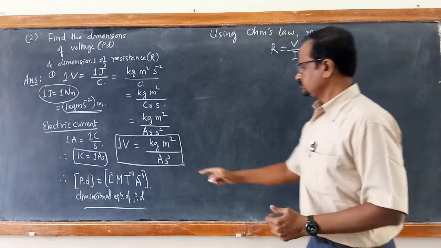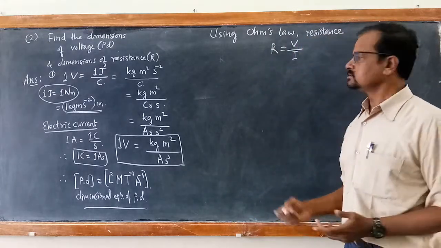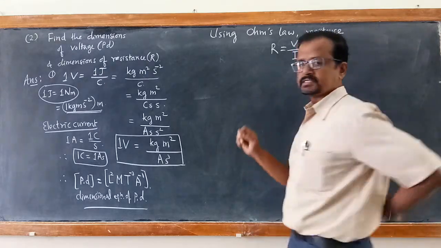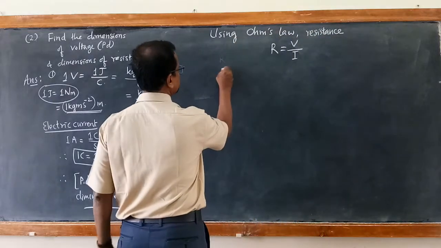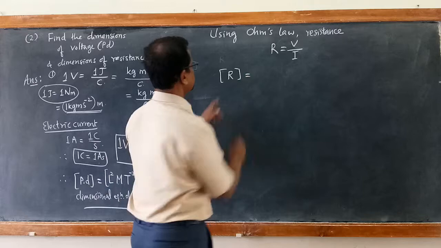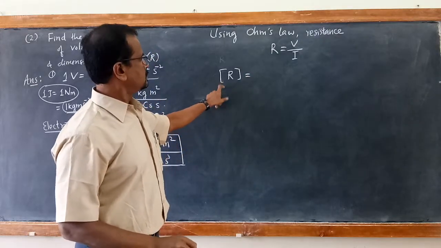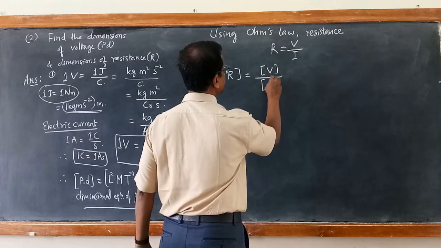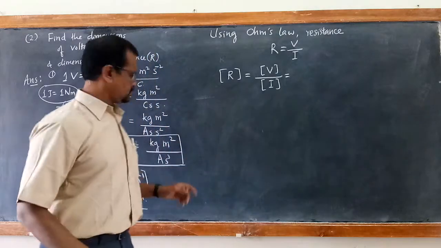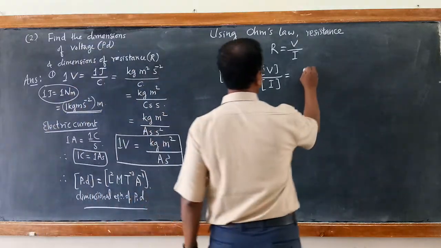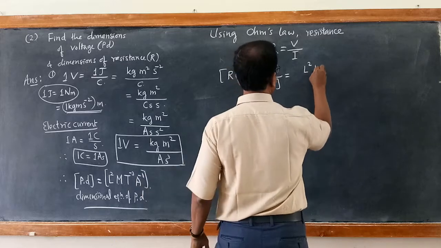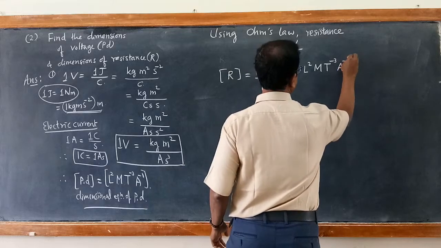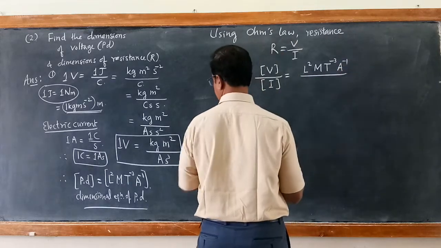We know the dimensions of V already. So we know the dimension of current, ampere. Directly we can find out dimension of resistance. So I am writing dimensional equation. Dimensions of resistance, square bracket, don't forget this, is equal to dimensions of voltage divided by dimensions of current. So thus V by I. Substitute this value. So it becomes L square m t raised to minus 3 a raised to minus 1 whole divided by current.